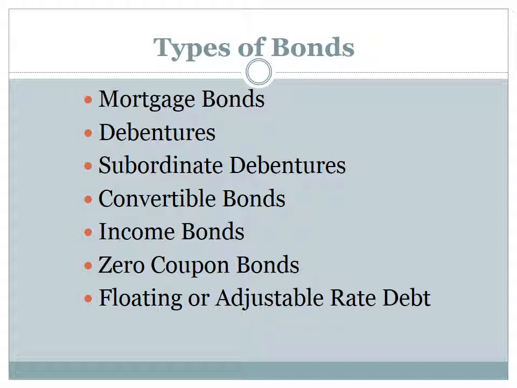Income bonds, I threw that one in there because they're really one of the newly engineered bonds out there. They're really more like a preferred stock. An income bond is the only bond out there that if you do not have the money to pay the interest on the bond, you cannot be forced into bankruptcy.